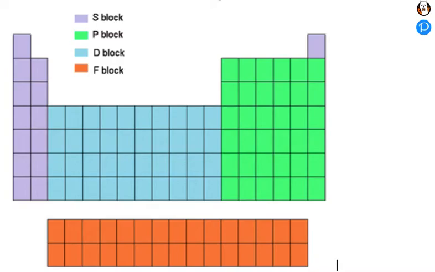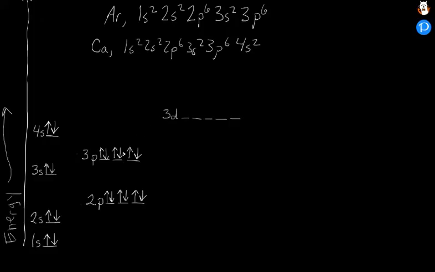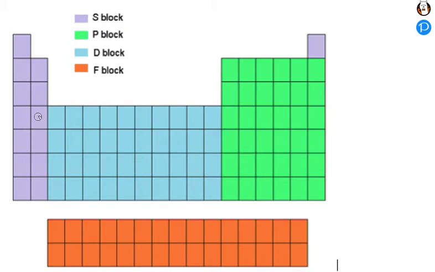If we go back to this, and we look at how this 4s is going to fill up before the 3d, the reason is, let's think about it. Here's calcium right here. So if we look, here's the first level right here. This is 1s.